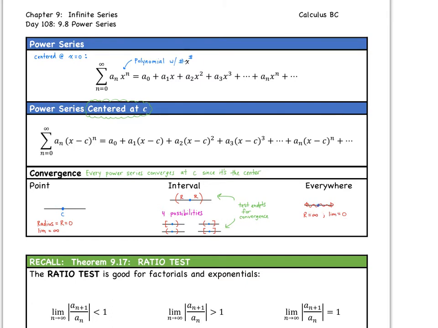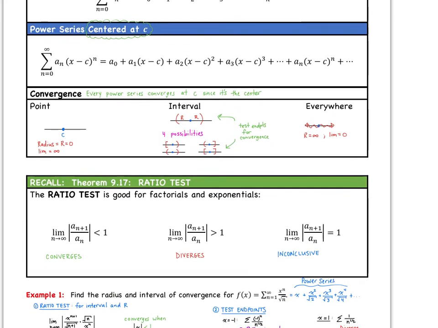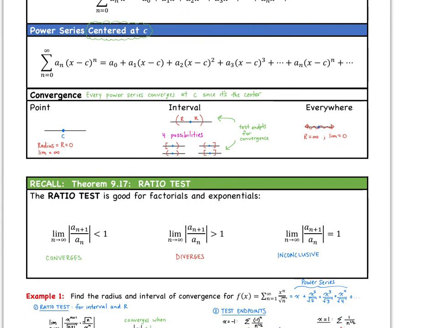So what we need to do as we approach these power series to determine our radius of convergence, or our center and our radius, is we need to remind ourselves about the ratio test. Okay, so this is good for factorials and exponentials, remember, but in our case, when we're trying to find the radius and interval of convergence of a certain series, we're going to use this to determine where it converges, where it diverges.